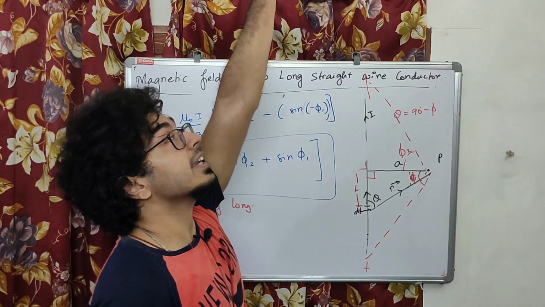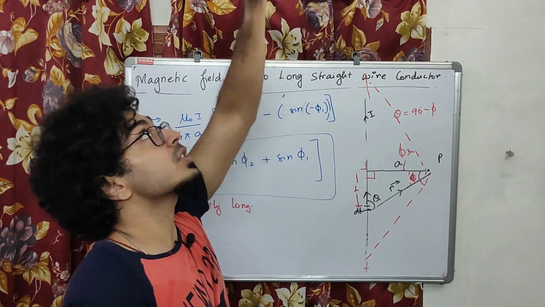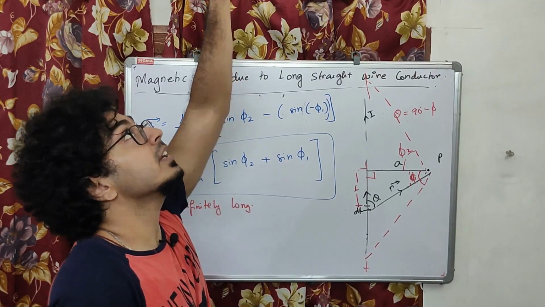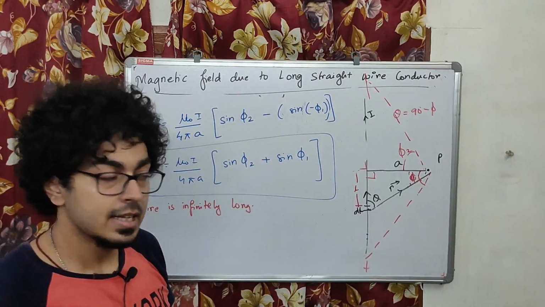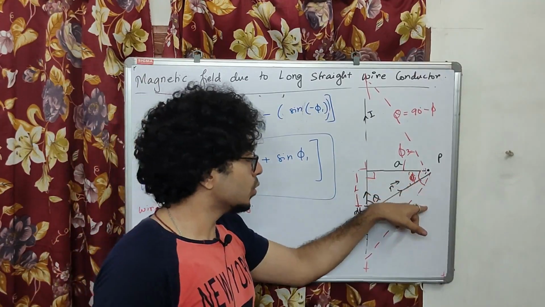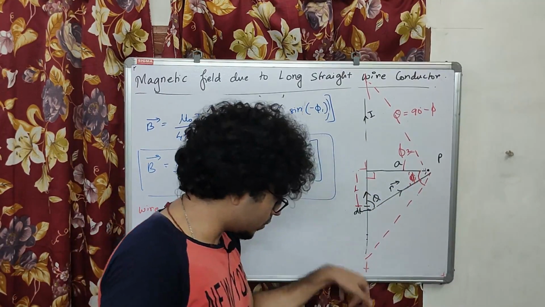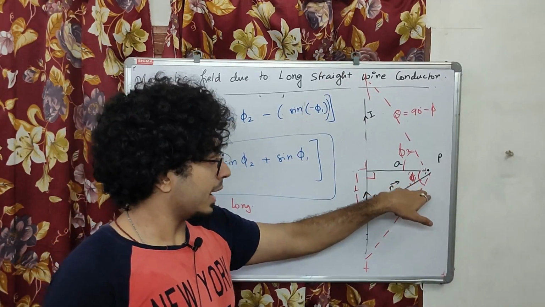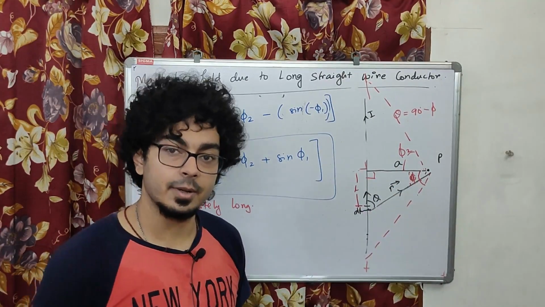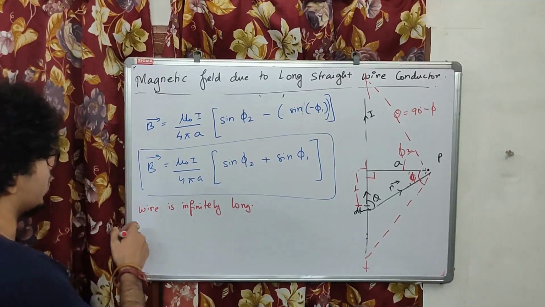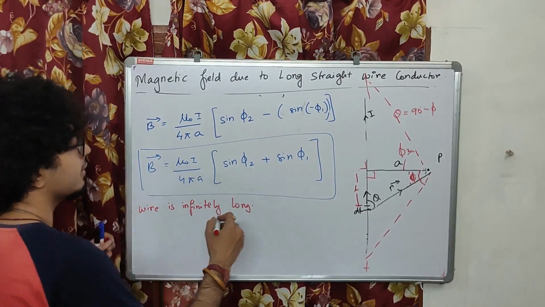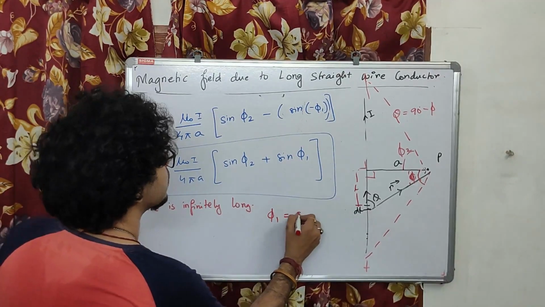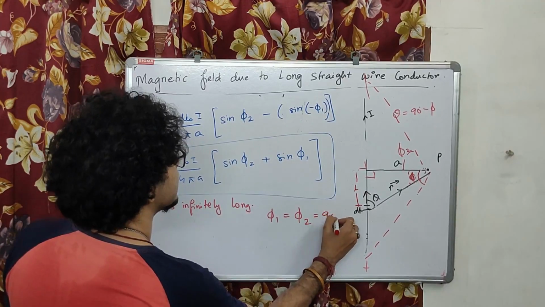Maximum at infinity, your angle of elevation will be 90 degrees from the parallel, right? Similarly, when you have to look down, it is very long, the maximum angle of declination will be 90 degrees. Got it? So when the wire is infinitely long, phi 1 is equal to phi 2, that is 90 degrees.